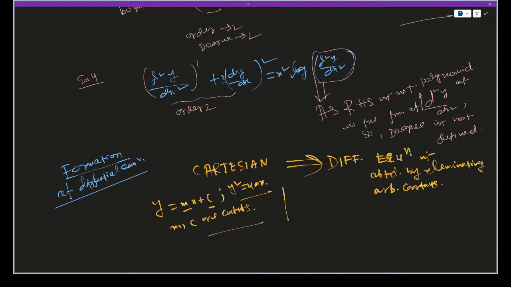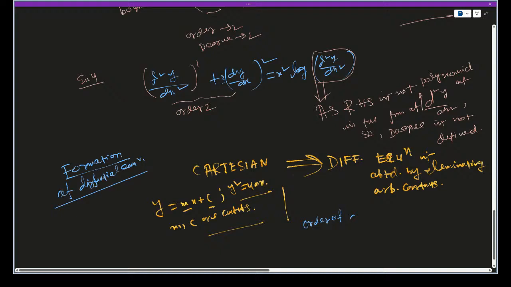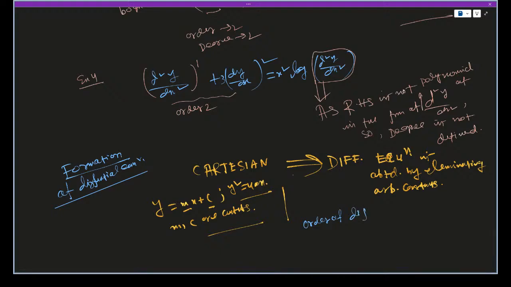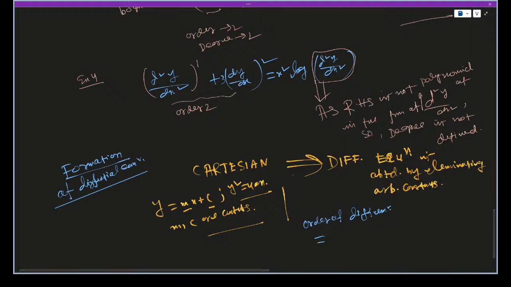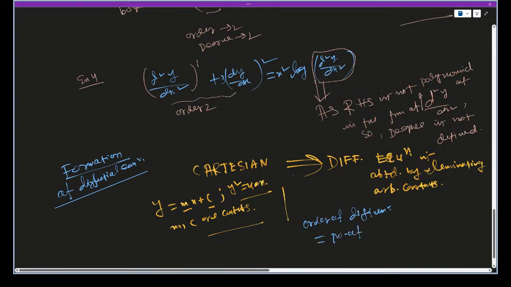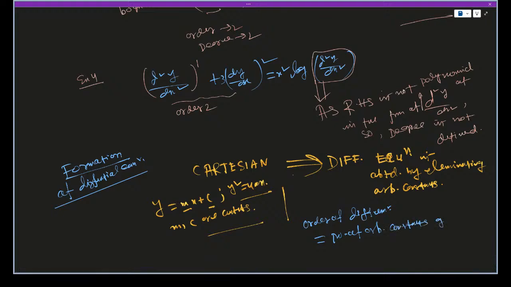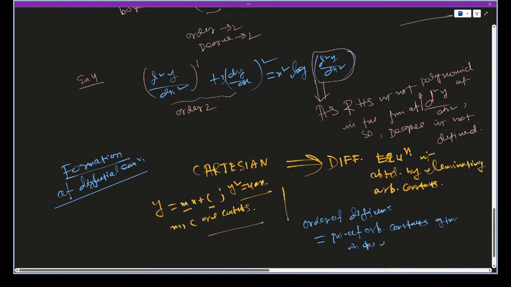It is quite obvious then that the order of the differential equation is equal to the number of arbitrary constants given in the equation.